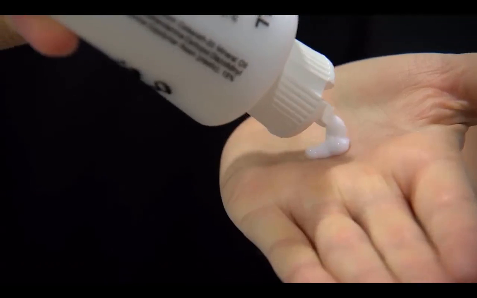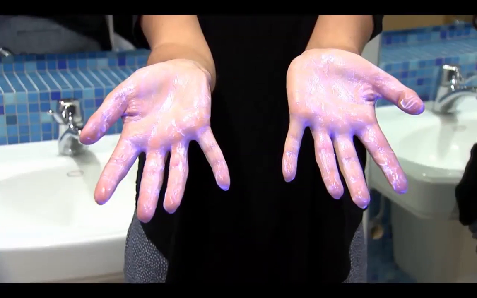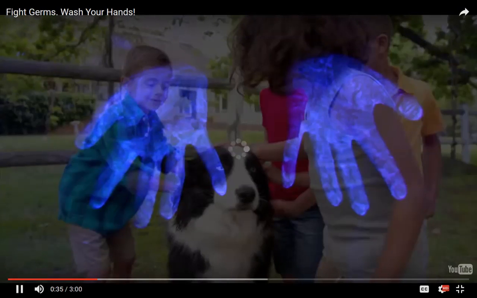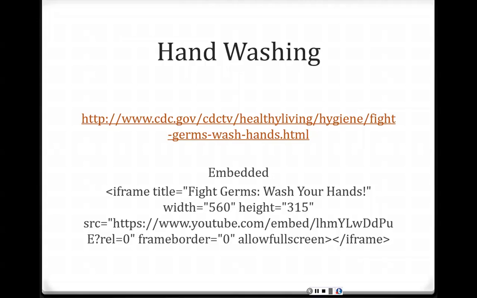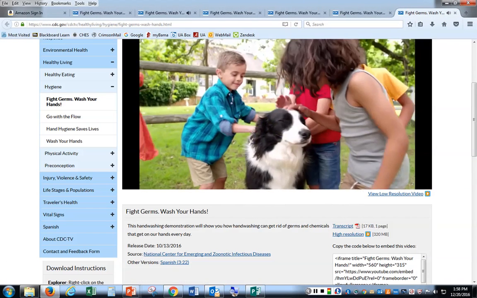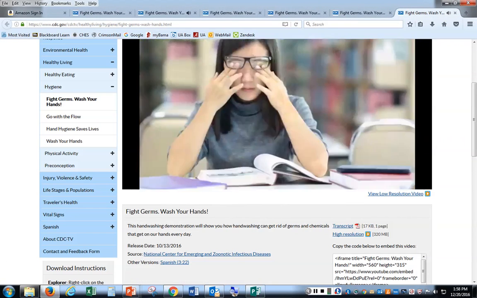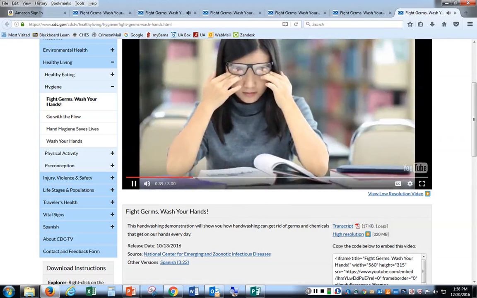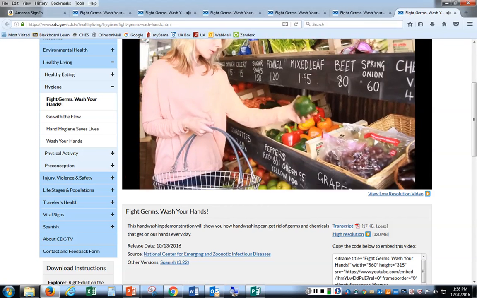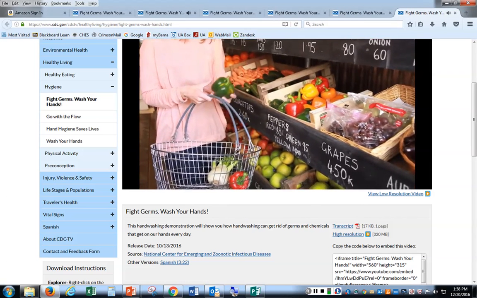This gel is like the germs and chemicals that we get from things we touch throughout the day, like our toys and pets. If we then rub our eyes, nose, or mouth, or pick up something to eat, the germs or chemicals can get into our bodies and make us sick.